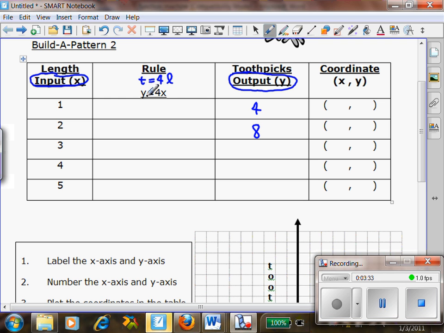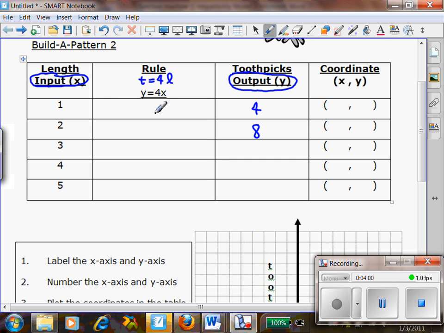The only difference is I used Y for my output, which represents toothpicks, and I used X for my input, which represents the length. If you haven't, I want you to change all of your rules so that they are in terms of X and Y. So your input is going to be your X, and your output is going to be your Y. So when you write your rules for the rest of these, change it so it looks kind of like this.